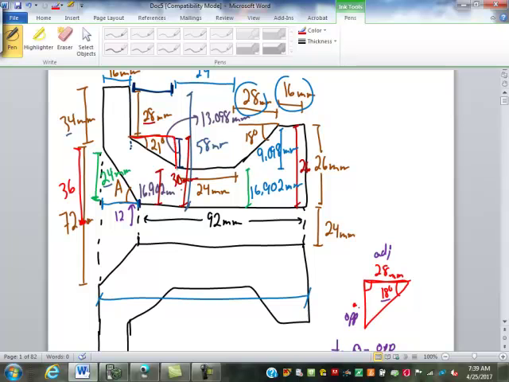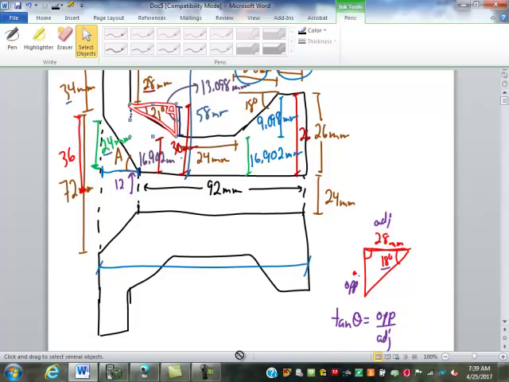So we've got this triangle now that I'm going to look at more closely. 21 degrees right here. 13.098 millimeters here. I need to find this side.